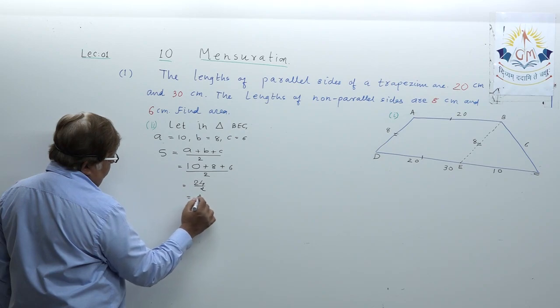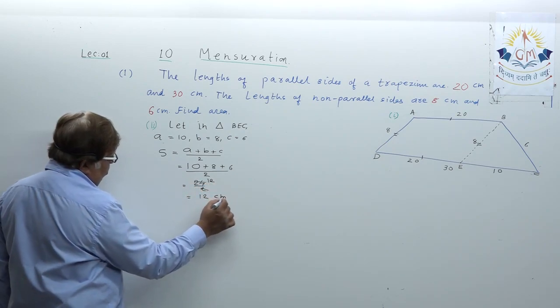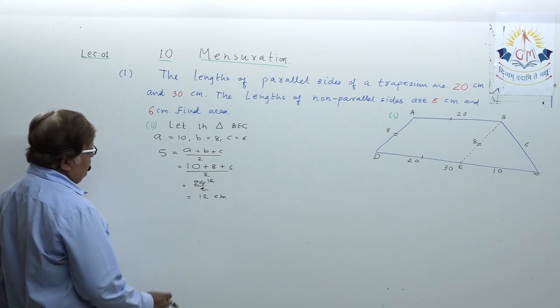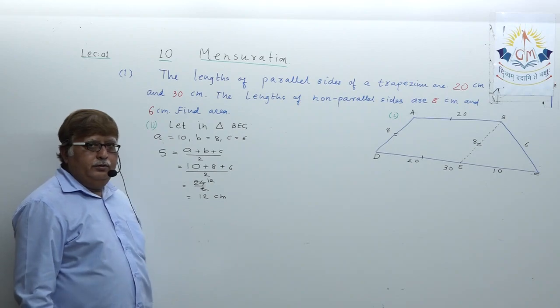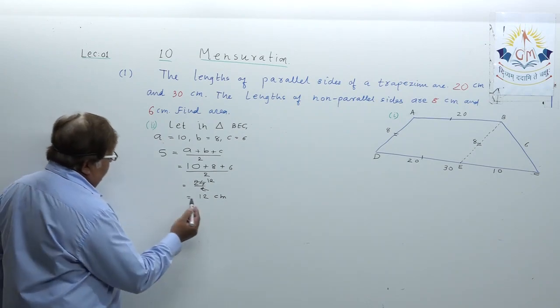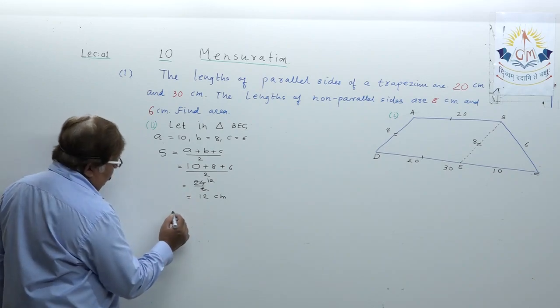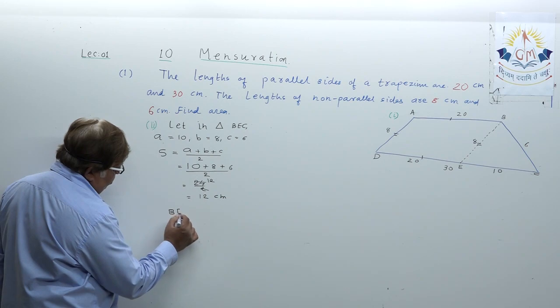Okay, that's equal to, just cancellation, 12 centimeter. Is it clear, dear student? Semi-perimeter 12.